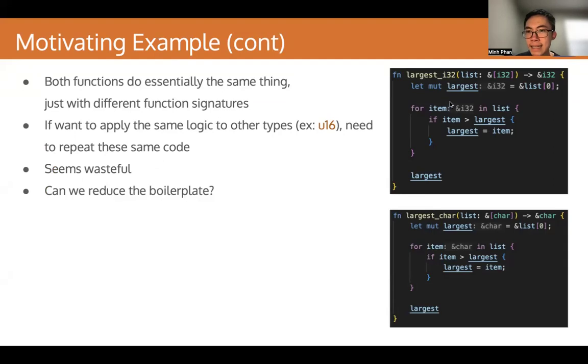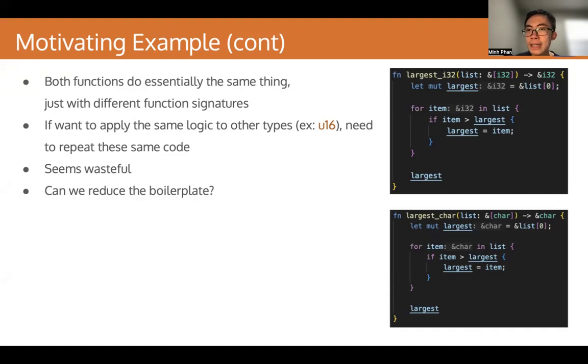And as another example, here you see two functions that both essentially take in a list of elements, compare, and return the largest elements in the list. As you can see here, both these functions essentially do the same thing, just with different function signatures.